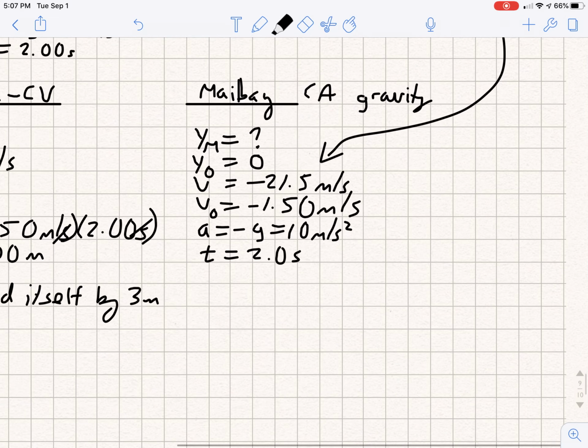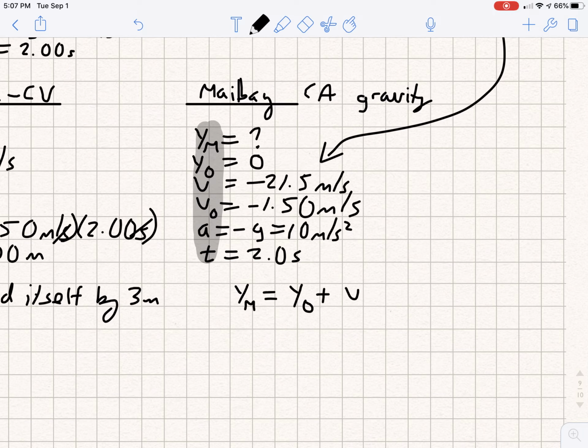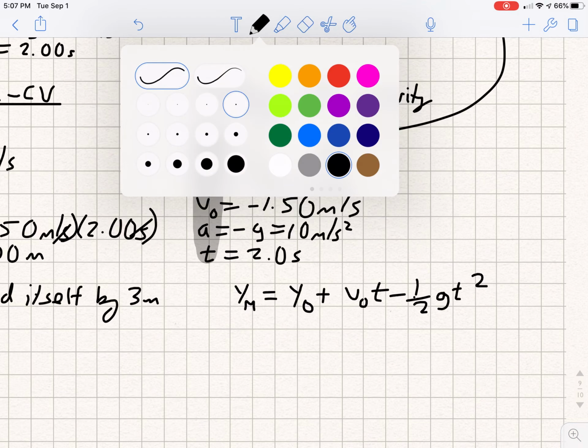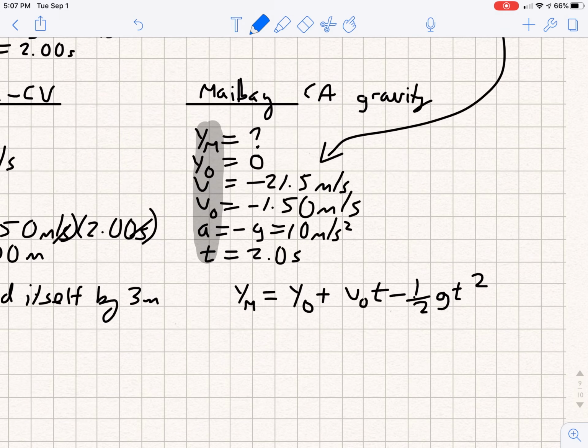So, based on this, the best equation we can use for this part would be, I'm going to call this Ym, is equal to Y naught plus V naught T minus 1/2 G T squared. Cancel anything that goes away.